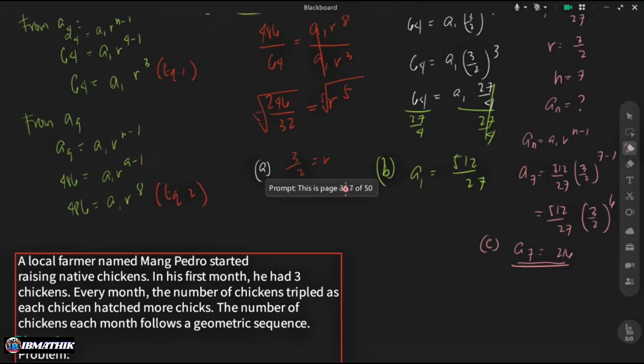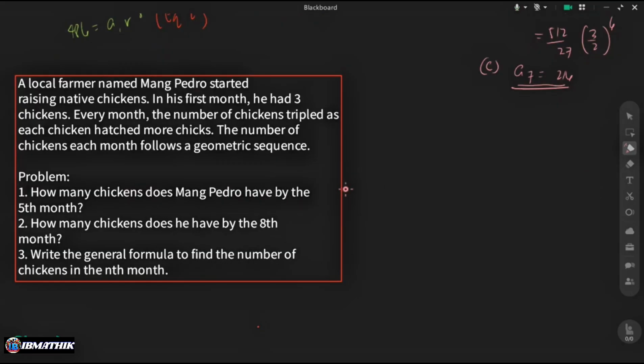Let's move on. Let's apply what we have learned into a word problem. So the problem goes like this. A local farmer named Mang Pedro started raising native chickens. In his first month, he had 3 chickens. Every month, the number of chickens tripled as each chicken hatched more chicks.